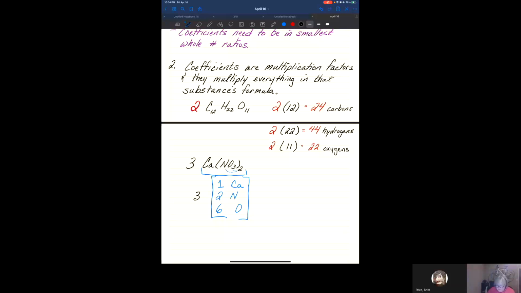So 3 calcium nitrates actually means that we have 3 calciums, 6 nitrogens, and 18 oxygens.